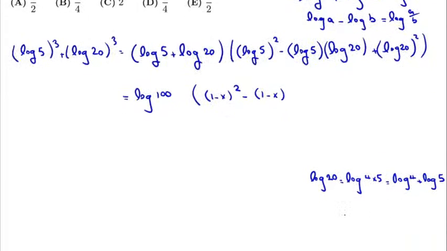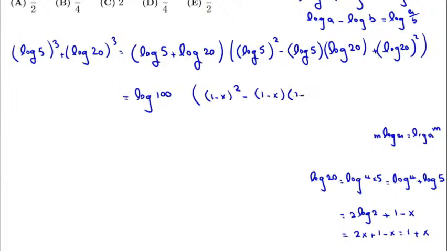Log 4 is, by the power rule, m log a equals log a to the power of m, log 2 squared, which is 2 log 2. And log 5 is 1 minus x. Log 2 is x, so it is 2x plus 1 minus x, which is 1 plus x.